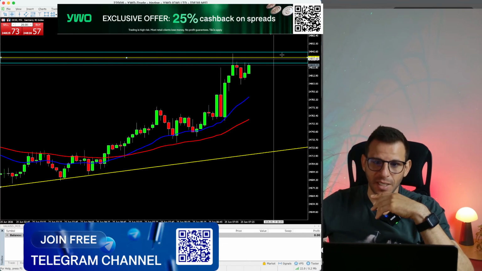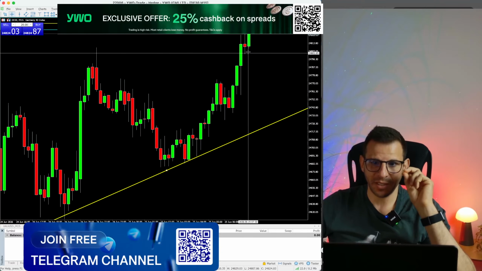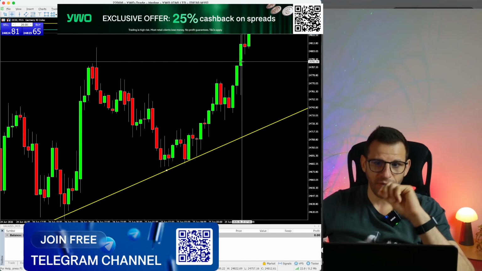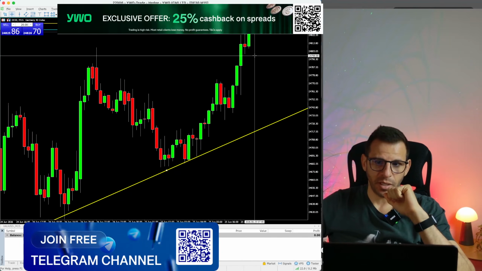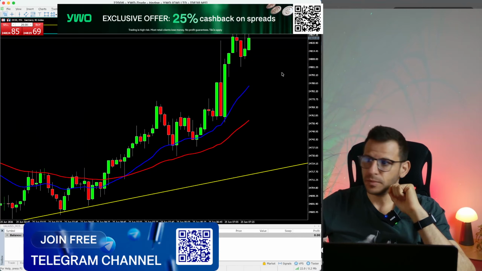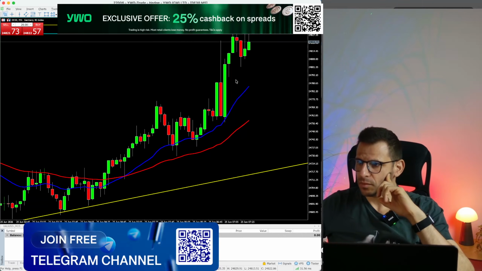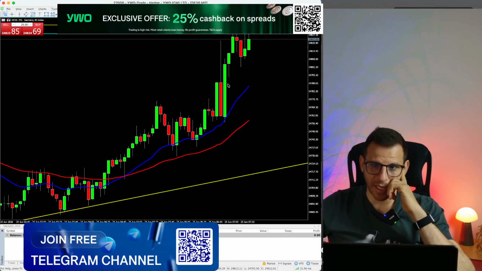But given the fact we hit a strong resistance, on the 15-minute chart there is a reversal pin bar. I'm not going long on DAX. Yeah, neither am I. I'm not planning to go long on DAX.